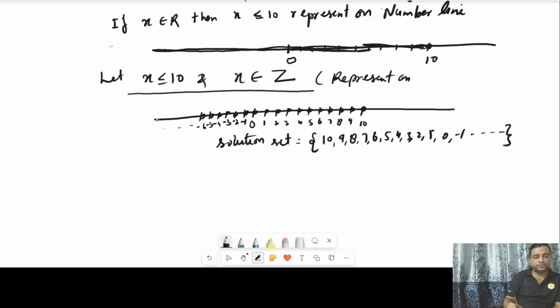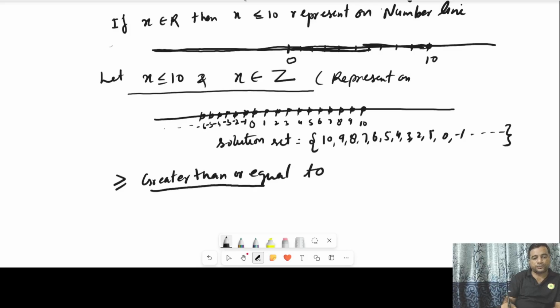Now we are coming to another important inequality, greater than or equal to. Let any number x be greater than or equal to 10.